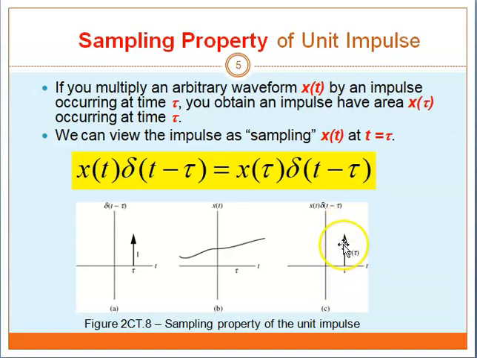So your output is going to be an impulse. Any signal that multiplies with an impulse will become an impulse occurring at the given time. Here, in this case, it is at time tau.